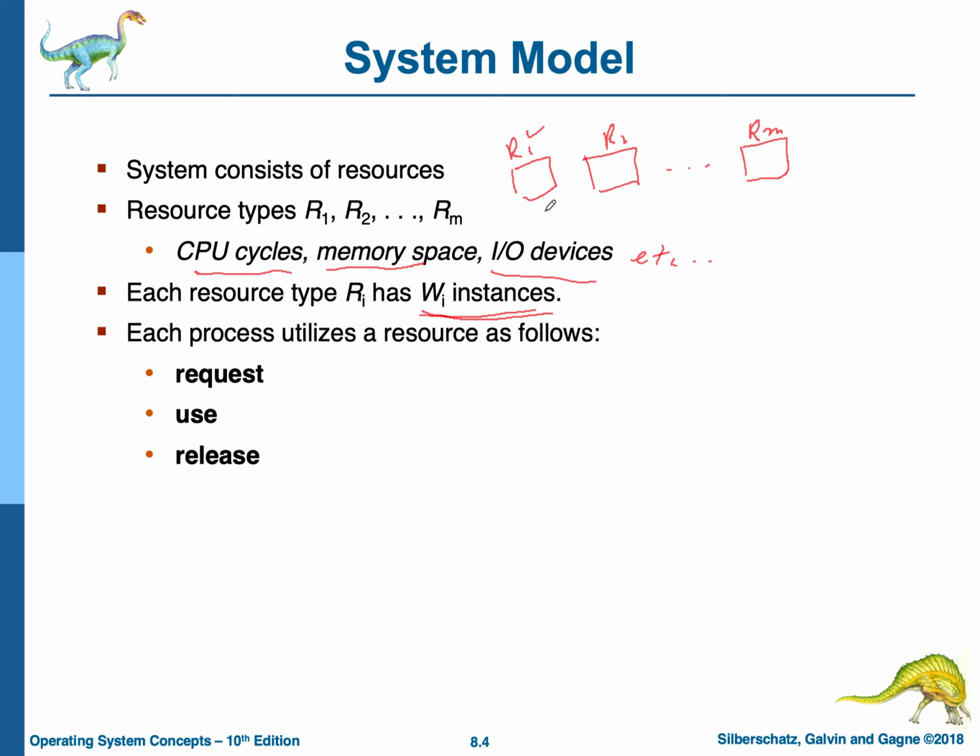For example, if there are 5 printers connected, or maybe 3 printers connected, then there would be multiple instances of this device. For example, for memory we can say there are 2 instances, and for CPU cycle, we just assume that there is 1 instance.